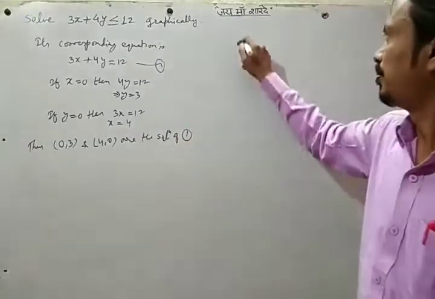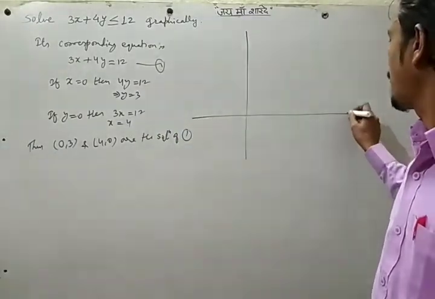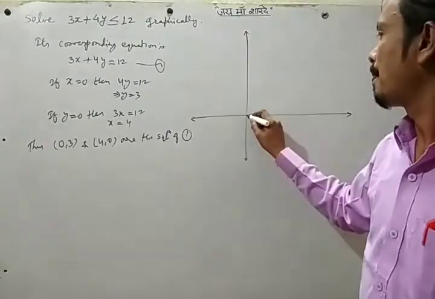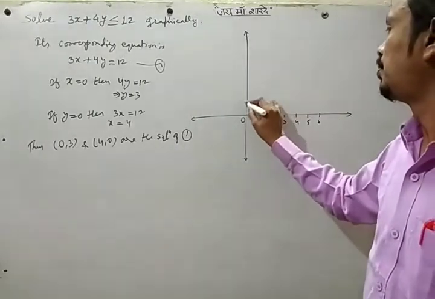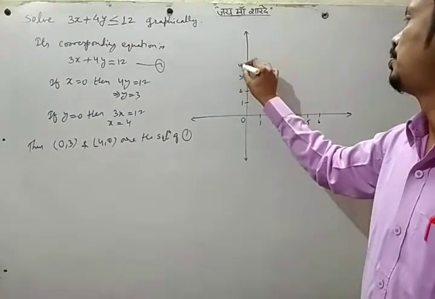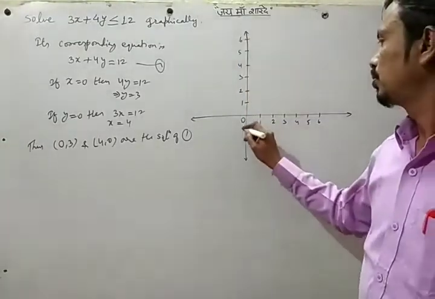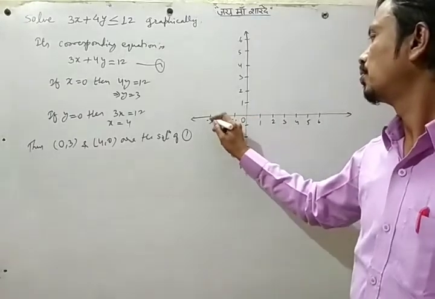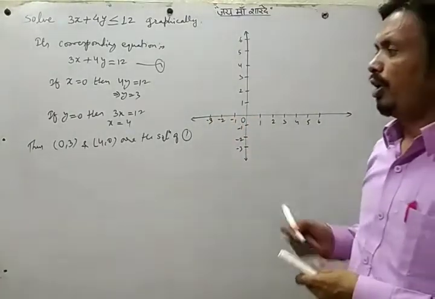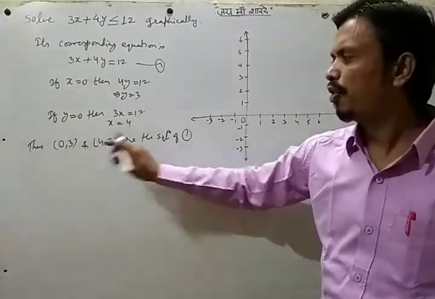Now I can draw its graph. We plot these points (0, 3) and (4, 0).